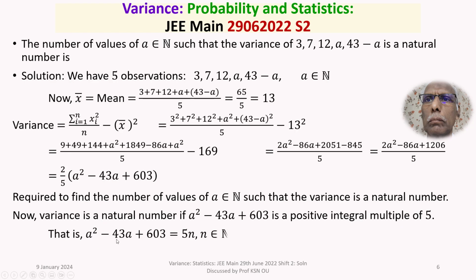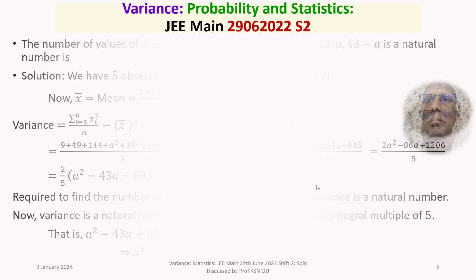Now this implies we have a quadratic equation in A: A square minus 43A plus 603 minus 5n equals 0, where n is a natural number. We continue in the next slide.